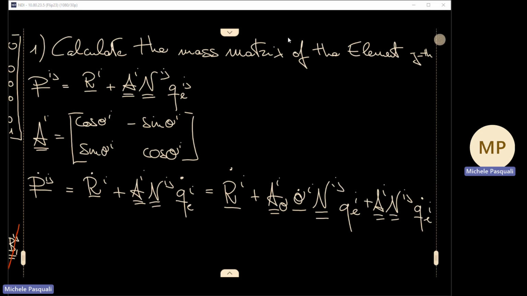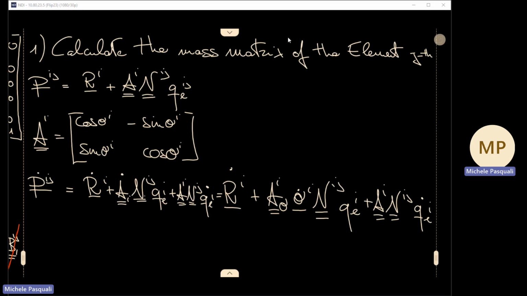Let me insert here something that we missed. We missed this point here because we know that this is dependent on time, because it depends on theta.